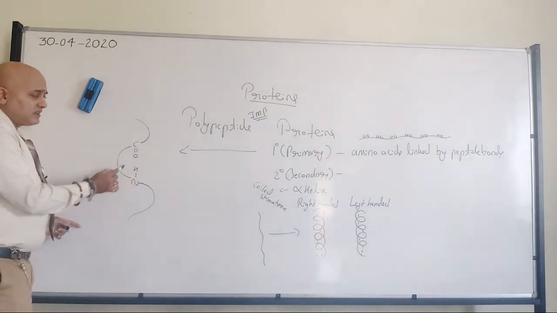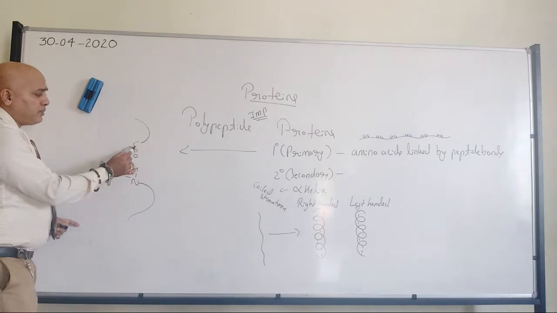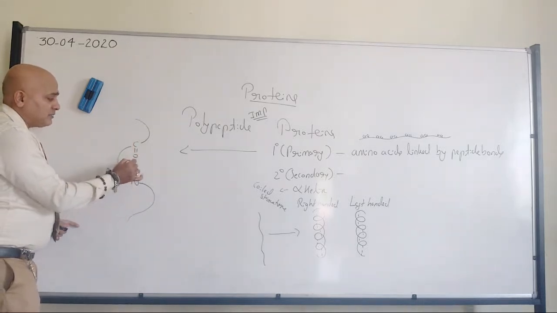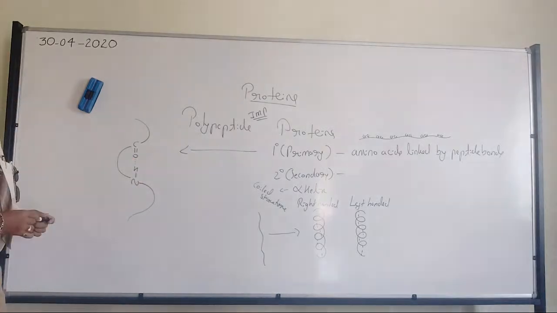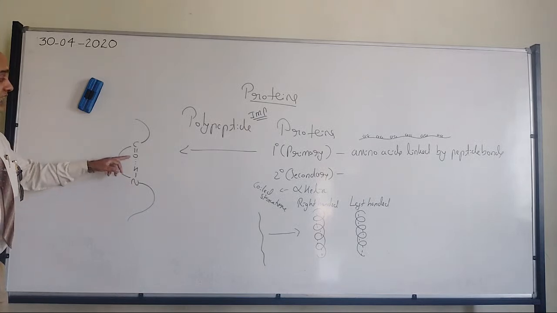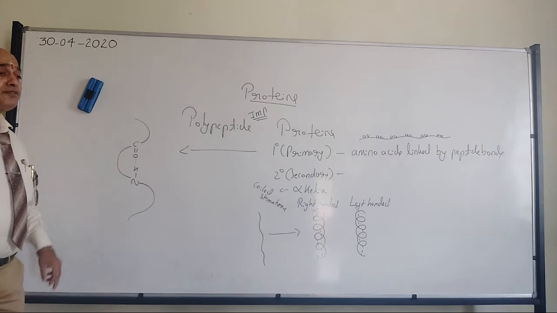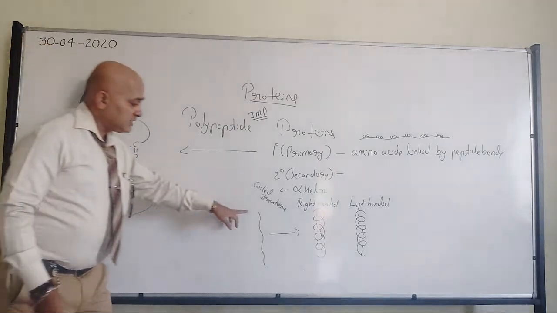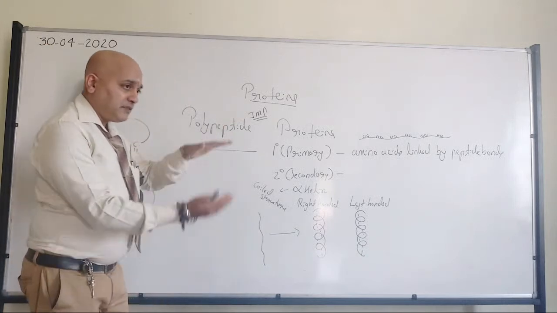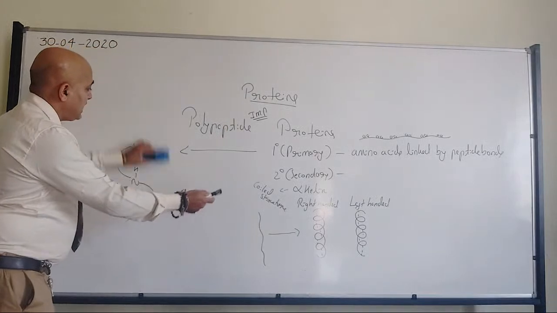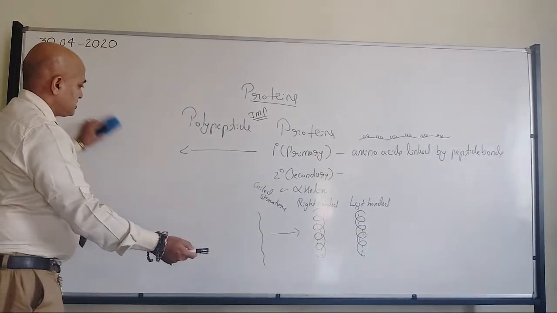Do we agree? This is a part of the peptide bond here. This is a part of the peptide bond here. There will be presence of hydrogen bond, because hydrogen is linked to an electronegative element and oxygen is an electronegative element. So there will be formation of hydrogen bond. And due to this interaction, this linear polypeptide will get folded in different patterns. So that's where we have the secondary structure.